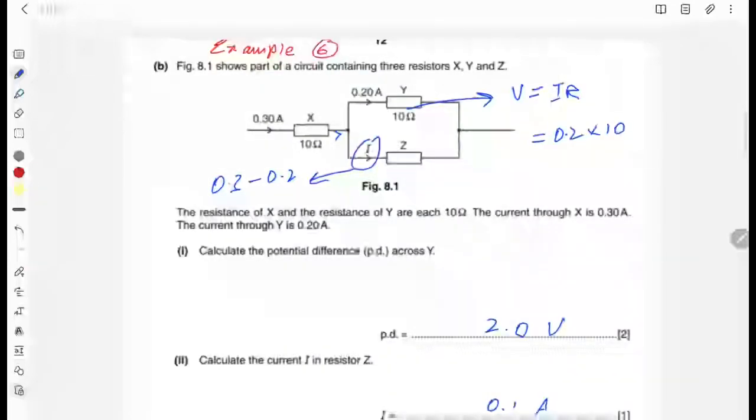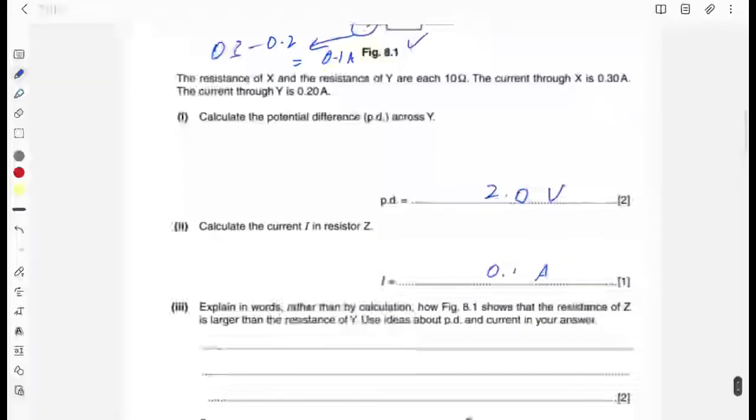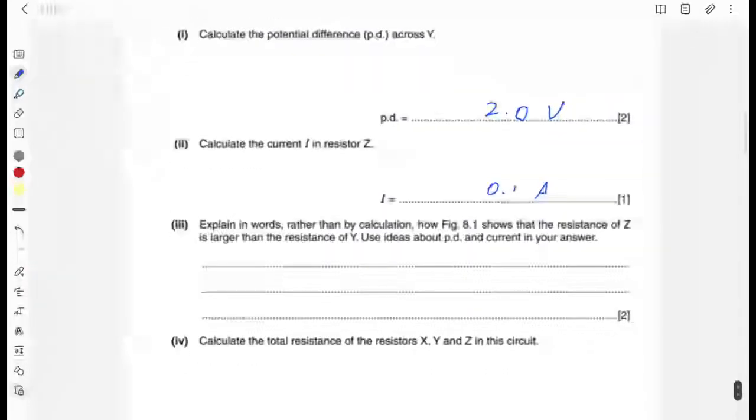See, both Y and Z have the same potential difference because they are connected in parallel, and 0.1 ampere is passing through Z, while 0.2 ampere is passing through Y. So we can say the resistance of Z is greater because a lesser current, that is 0.1 ampere, is passing through Z compared to Y. You have to give 2 points.